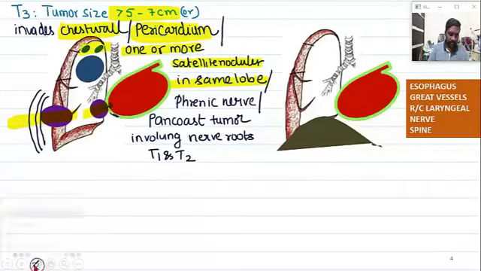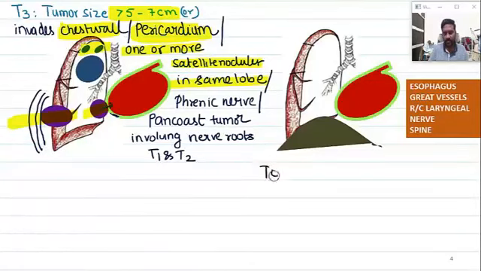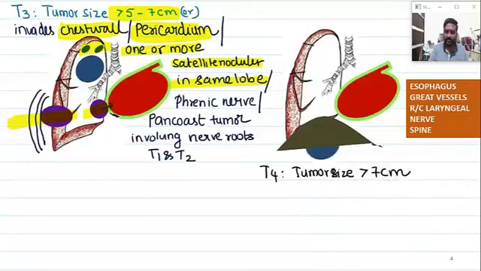Now still the tumor has progressed. Now it is called a T4 tumor. Now very simple, here the size is more than the previous T3. So the size will be more than 7 centimeters.